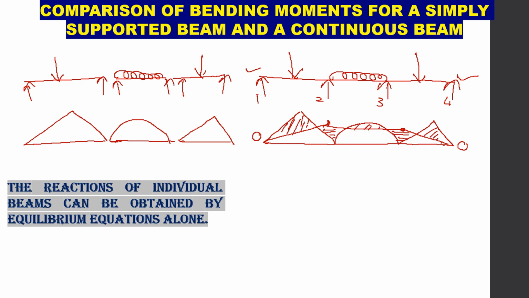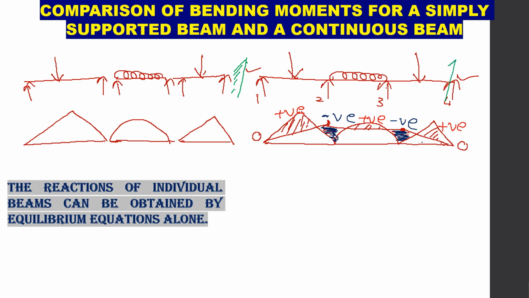In the intermediate supports we can choose another color, so we will choose the blue color. So here we will have negative bending moment. So this is negative and this is positive, positive, positive and positive. Now suppose the end supports are fixed.